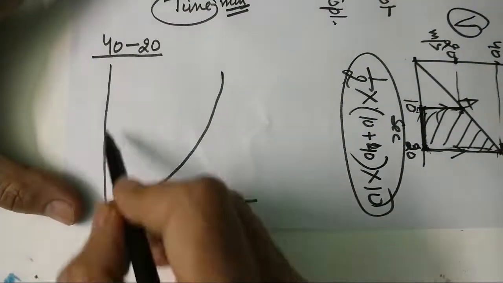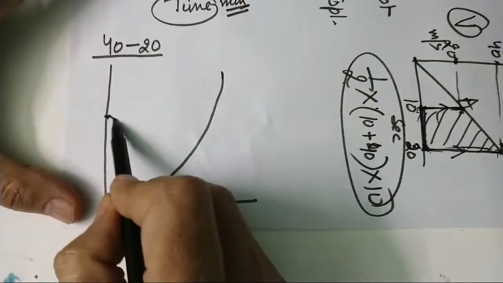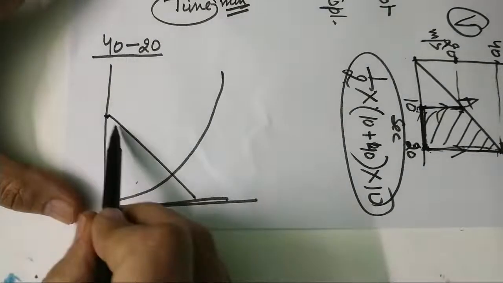If the graph starts from here and goes down, that means the velocity is decreasing.